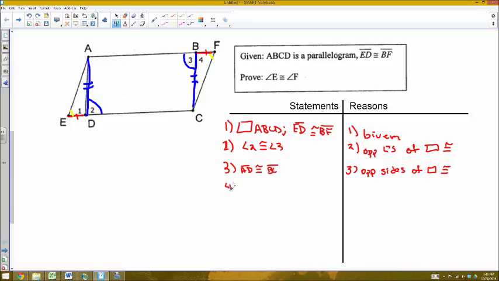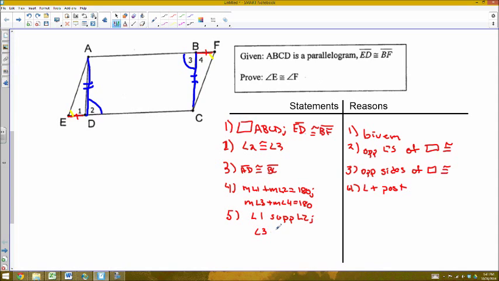And then I'm just going to mention that the measure of angle 1 plus the measure of angle 2 equals 180 degrees, and that the measure of angle 3 plus the measure of angle 4 equals 180 degrees by the angle addition postulate. Then that angle 1 is supplementary to angle 2, and that angle 3 is supplementary to angle 4 by definition of supplementary angles.